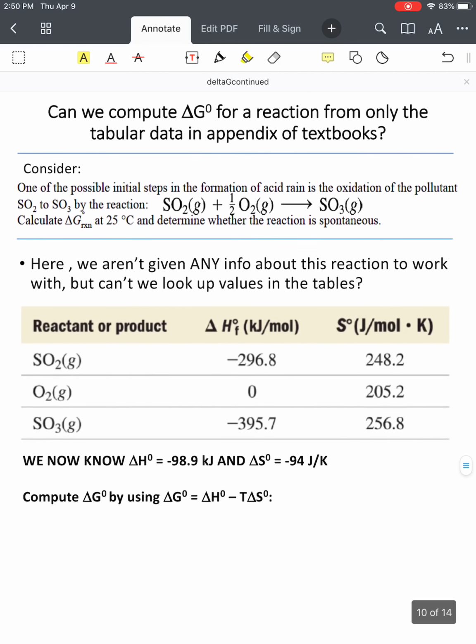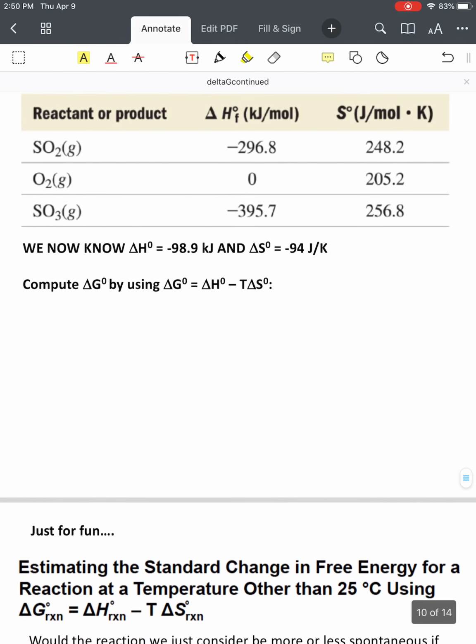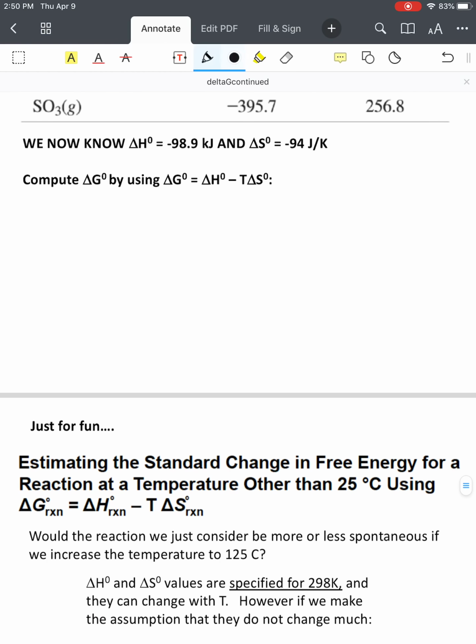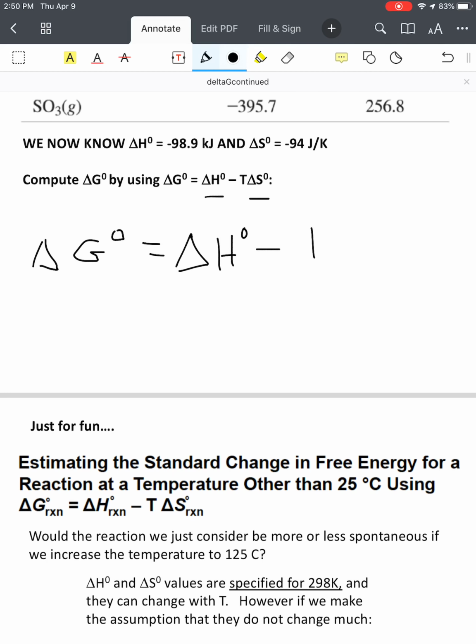Now, how are we going to figure out what our delta G is? Well, as I just mentioned, we've just computed our delta H0 and our delta S0, haven't we? So we can go back to our second law relationship that tells us delta G is equal to delta H, our enthalpy change under standard conditions, minus T times the change in entropy under our standard conditions.